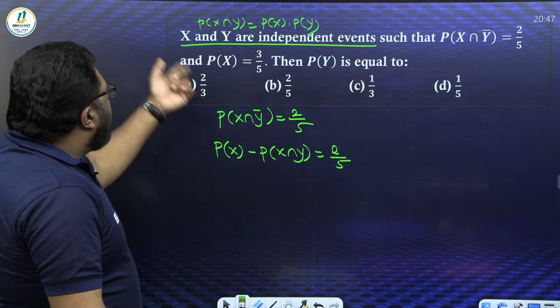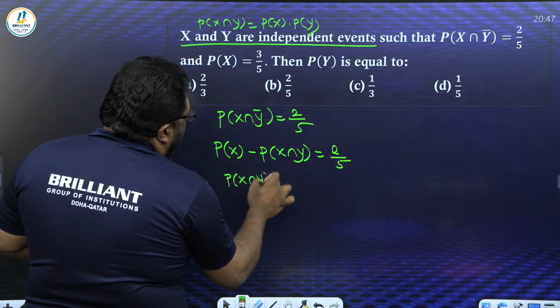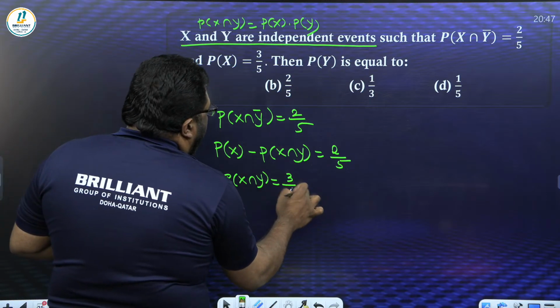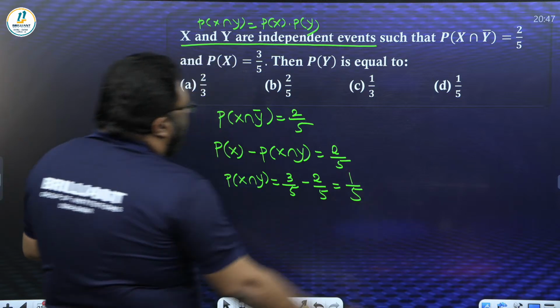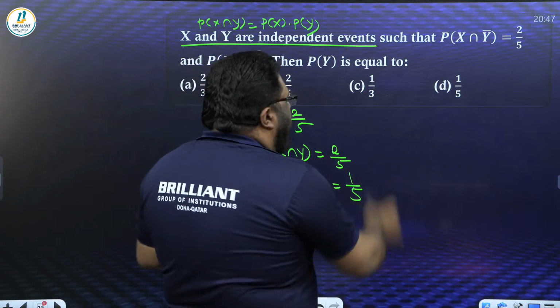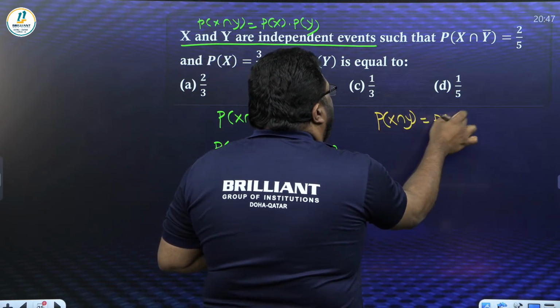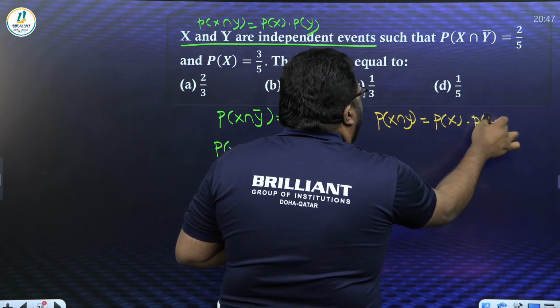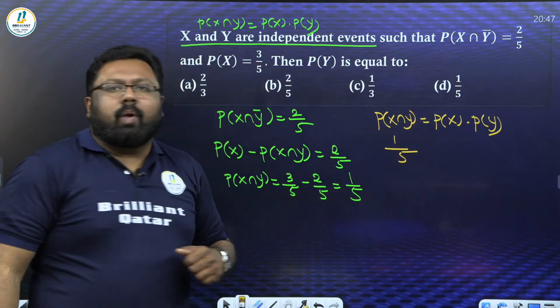And they given me X. So then what is P of X intersection Y? It is 3 by 5 minus 2 by 5, which is 1 by 5. Then find P of Y if they are independent. So we know that P of X intersection Y is equal to P of X into P of Y. X intersection Y is 1 by 5.